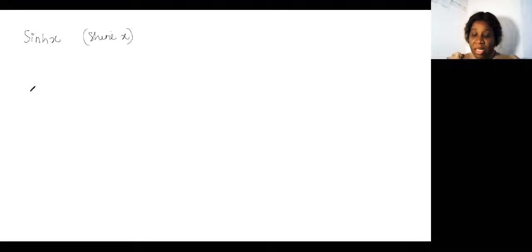I think you've had this in the lesson with Rob already on Moodle: sinh x, which we pronounce as shine x, would be equal to 1/2 or half of e to the power of x minus e to the power of minus x.